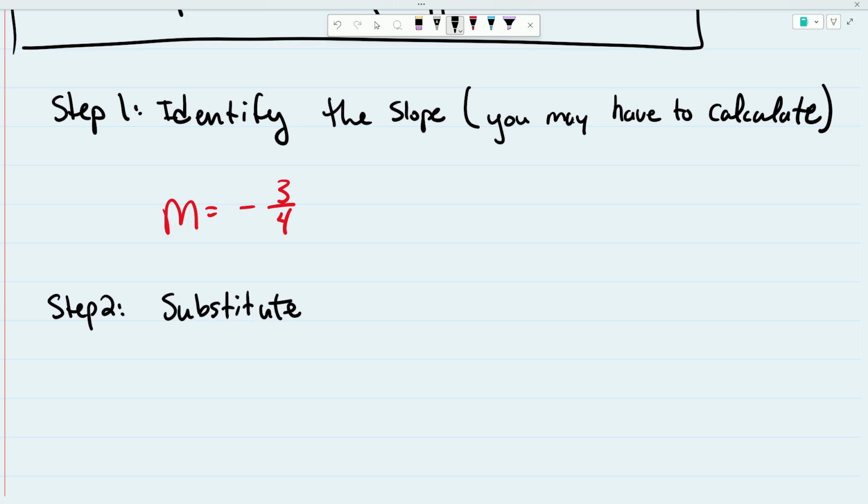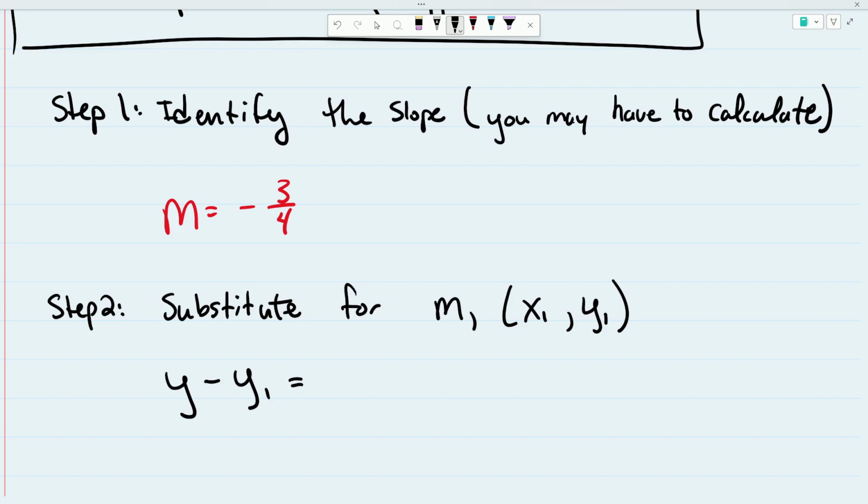Step number 2, we're going to substitute for m and then the ordered pair x1, y1. So let me write out the formula first. We have y minus y1 equals m times the quantity x minus x1. We already know m equals -3/4.